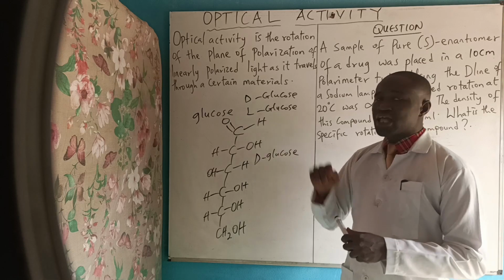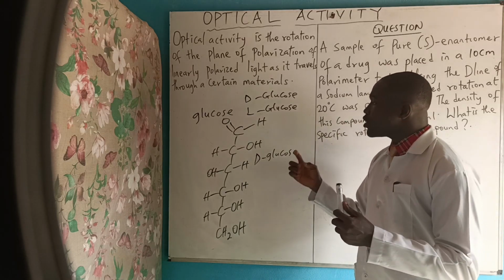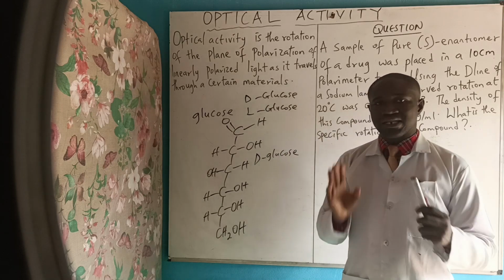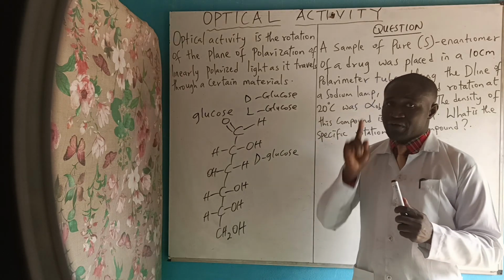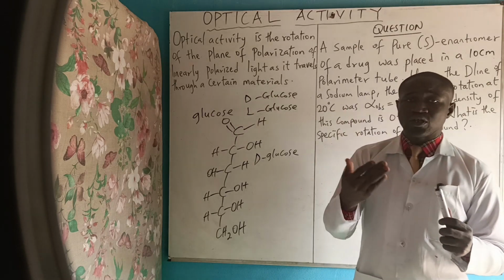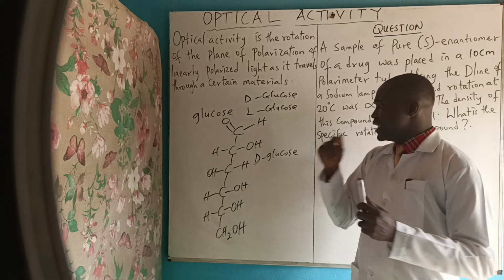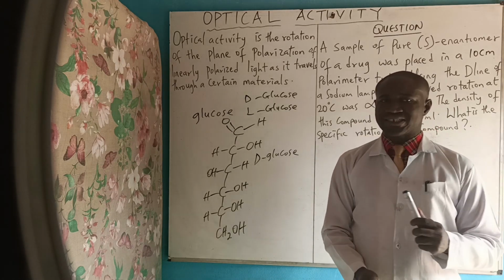If it has one chiral center, you say it has a chiral center. If it has more than one, you say it has chiral centers. Glucose is noted to have 4 chiral centers.